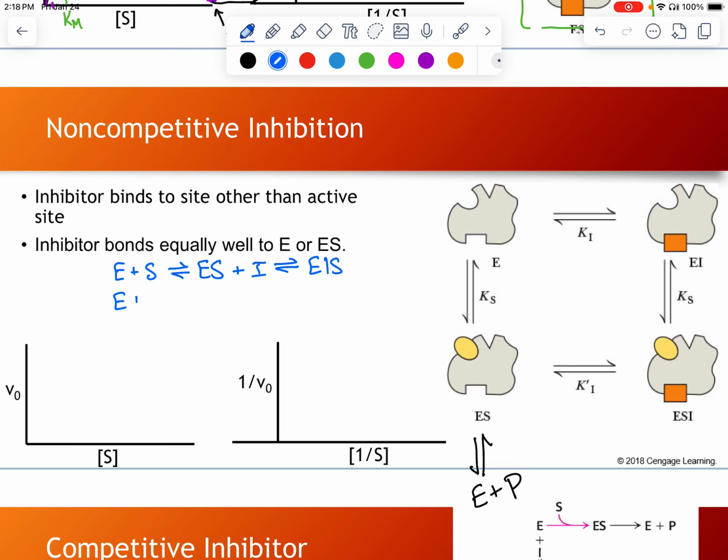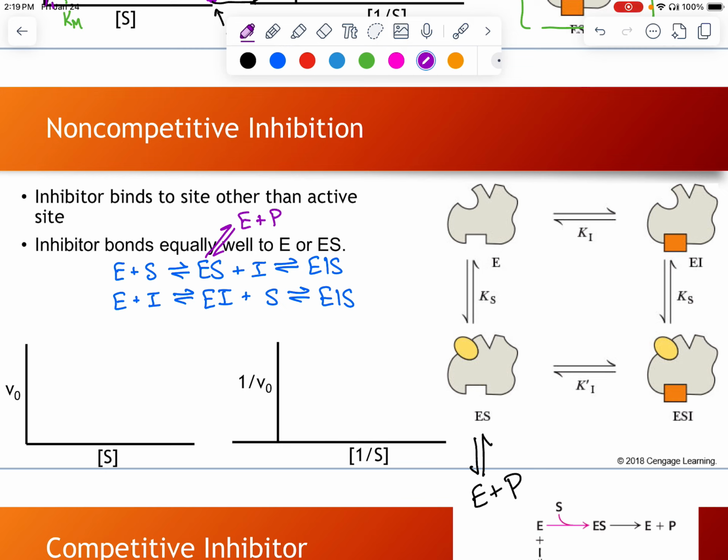Or the enzyme could bind first with the inhibitor, and then it could bind with the substrate. Yet again, it cannot go to product. The only place it can go to product is right here. If that enzyme substrate complex manages to finish the reaction and go to product before the inhibitor gets to it, we can still make some product.